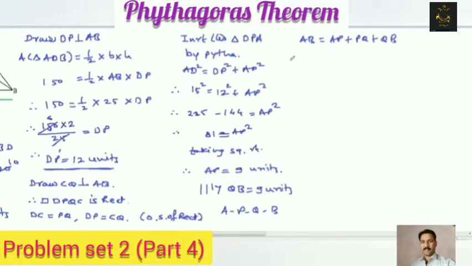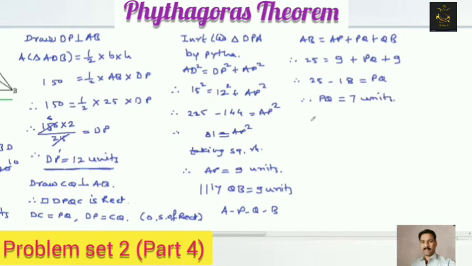Here AB is 25, AP is 9, QB is 9. So 25 minus 18 is equal to PQ. Therefore PQ is equal to 7 units.